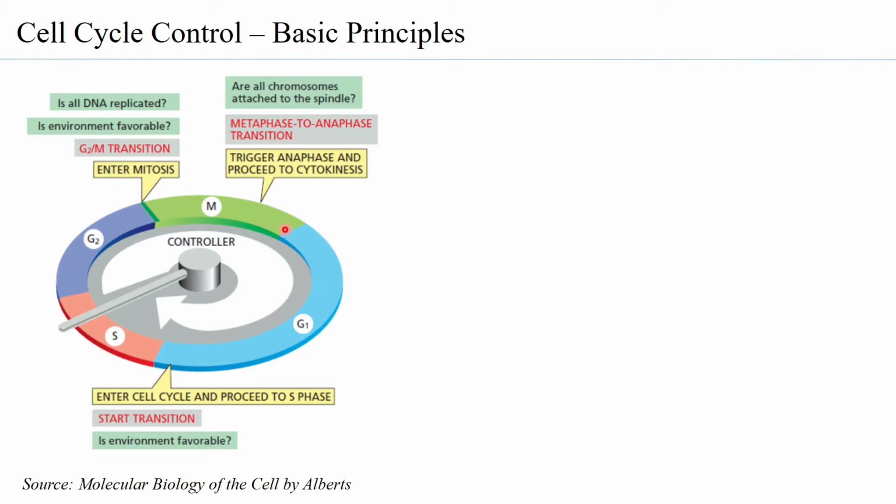The interphase comprises the G1 phase, the S phase, and the G2. The G1 phase is basically where the cell is looking at whether everything is favorable for cell division. And then at this point, you have a start point. Then the S phase is the DNA replication phase, and G2 is a phase which prepares for the M phase per se.